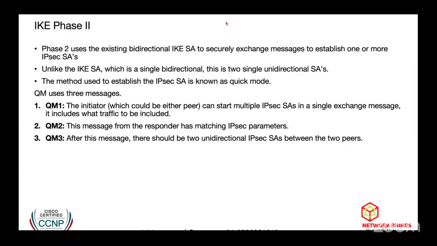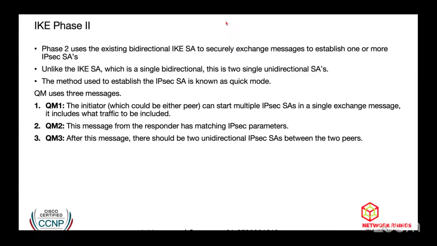Now what happens here? Your peers will agree on which IPsec protocol I should be using. I will decide whether I'm going to use AH or ESP, and which algorithm, AES, SHA, etc. Here, 2 IPsec security associations will be created, one for each direction, and keys are exchanged for encryption.